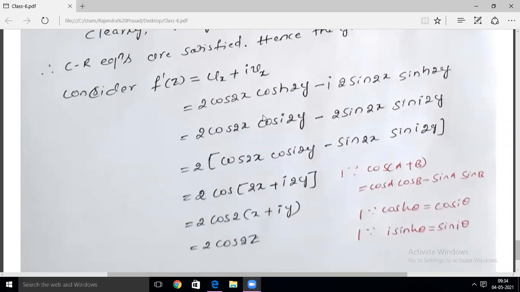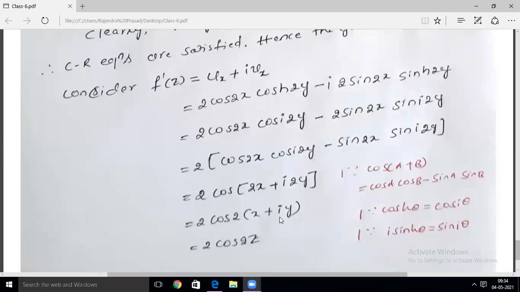Next, 2 is common in both terms, so we take out 2, leaving cos 2x cos i2y minus sin 2x sin i2y. Here a is equal to 2x and b is equal to i2y. By the formula cos(a+b) = cos a cos b minus sin a sin b, we can write cos of a plus b, which is cos(2x + i2y). Taking 2 common, the remaining is x plus iy.